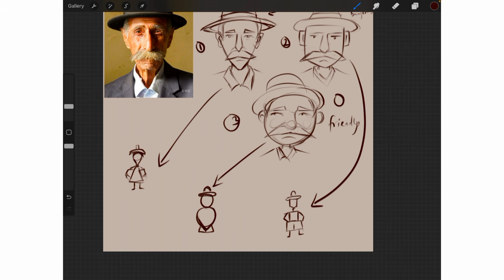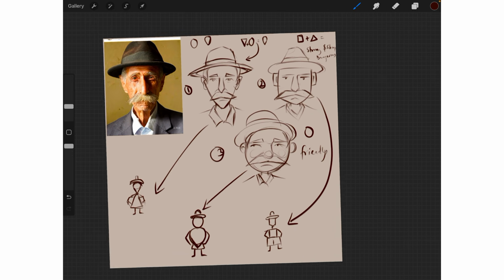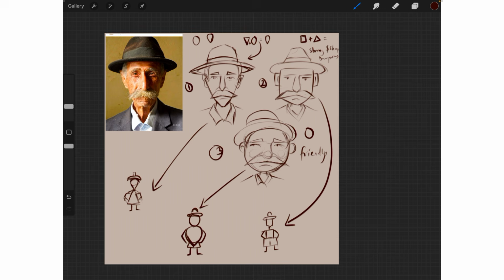So the first is variations of triangle and circles. The second is a variation of triangle and rectangle, and then the triangle, rectangle, and squares. And then the third character, which is variations of circles.